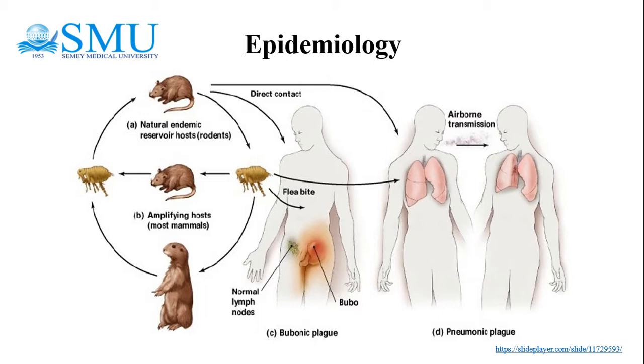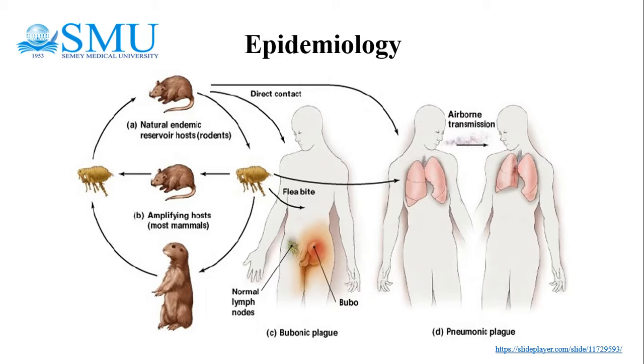Vector: the rat flea is the commonest vector of Yersinia pestis, which acquires infection by feeding on infected wild rodents. Several species of rat flea may act as vectors, such as Xenopsylla cheopis and other species. The human flea may rarely serve as a vector.